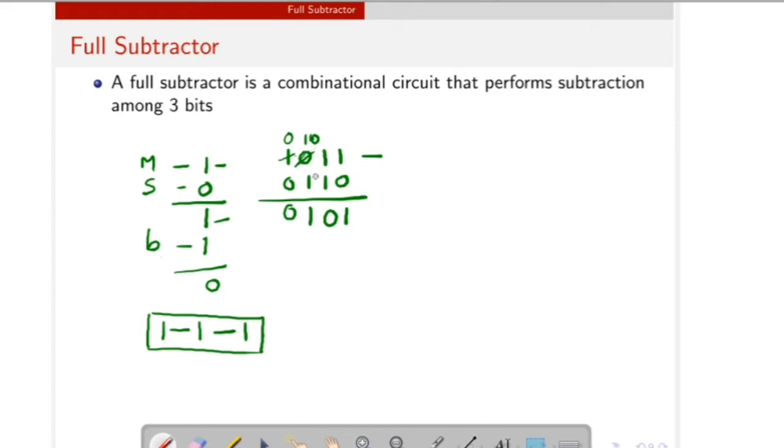Okay, so you have to subtract that borrow also from the result. After subtracting subtrahend from the minuend, you have to subtract borrow also. Okay, so there are 3 bits. So that is the case of the full subtractor. That is the subtraction among 3 bits. Clear?